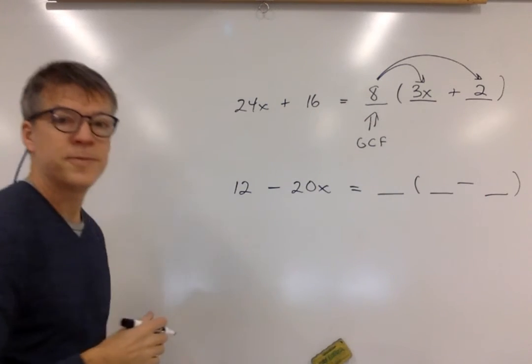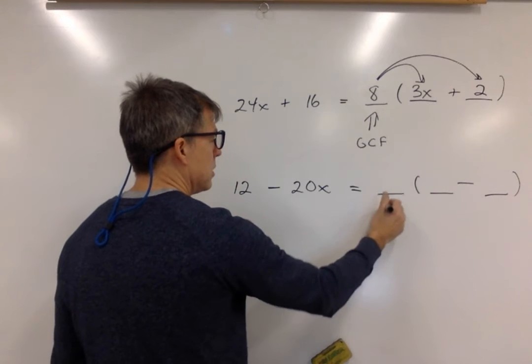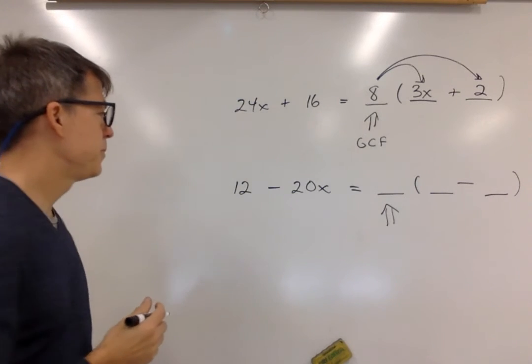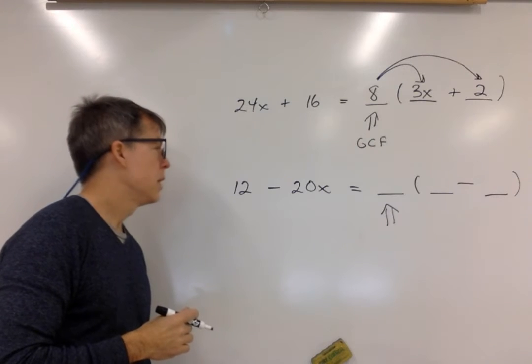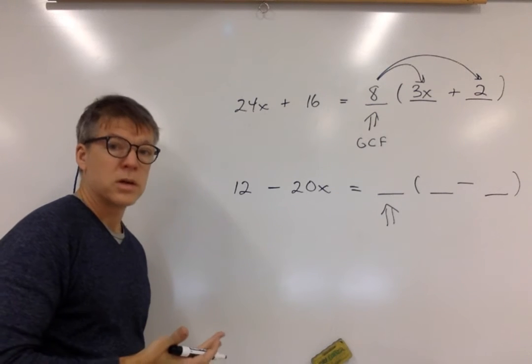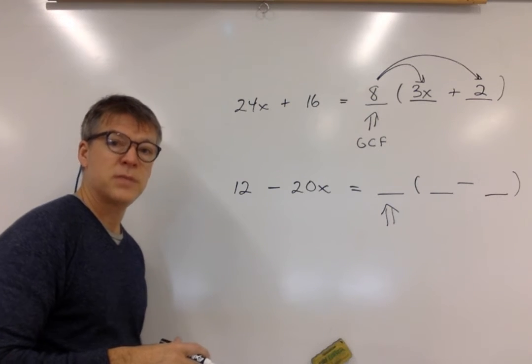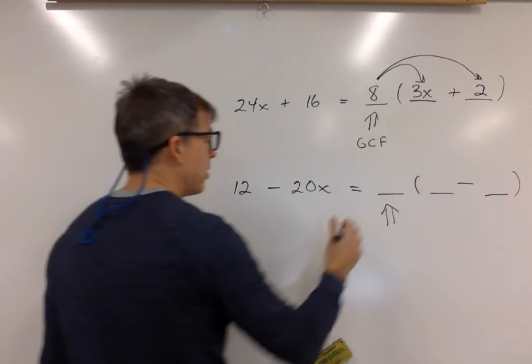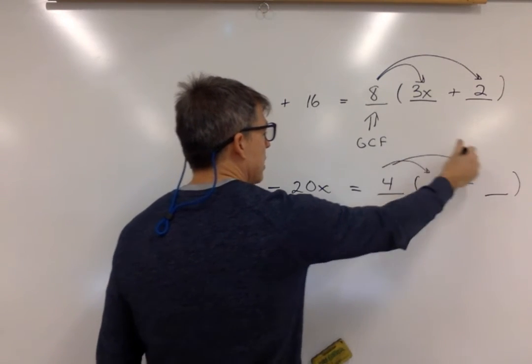So your next move, what does that number have to be? A 2 will work, but a 4 is the greatest common factor. So I'm going to put a 4 out here, and then just think about what needs to go here and what needs to go there.